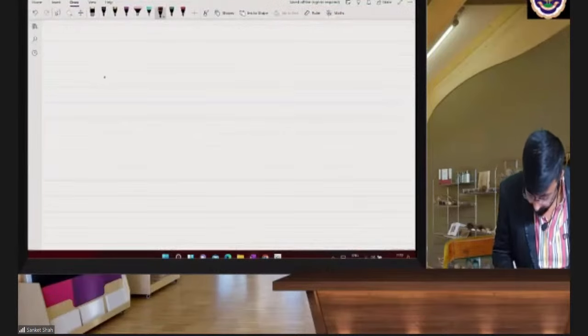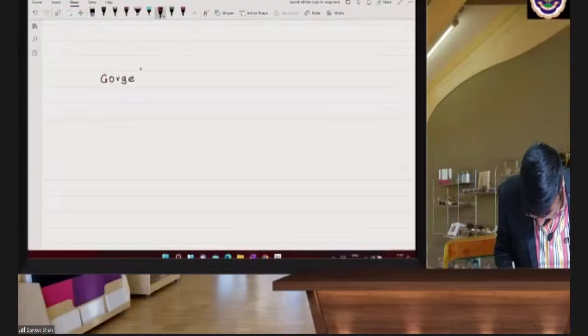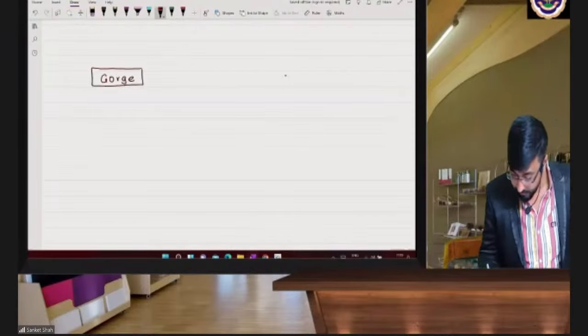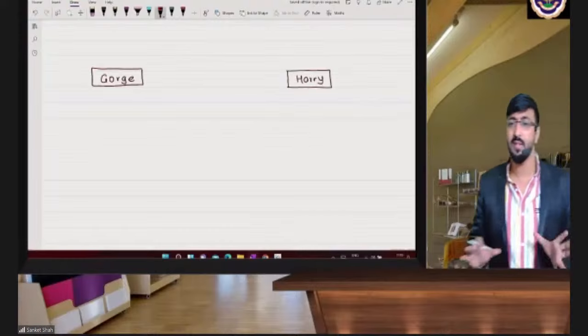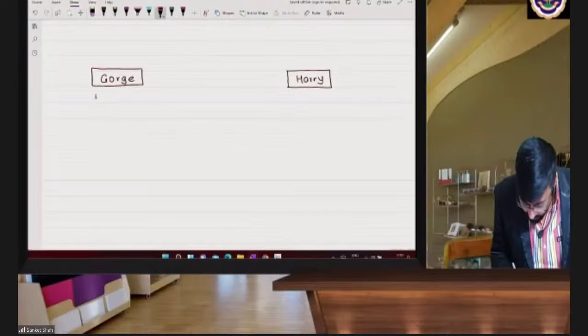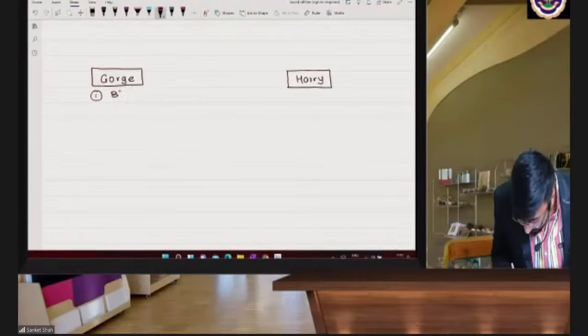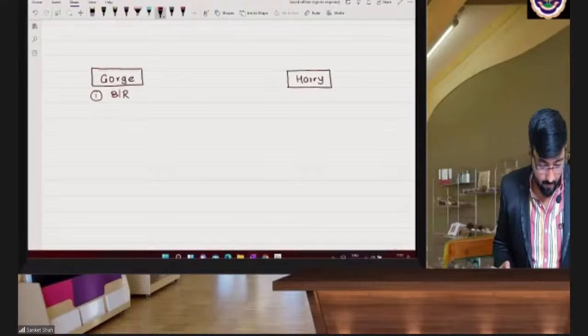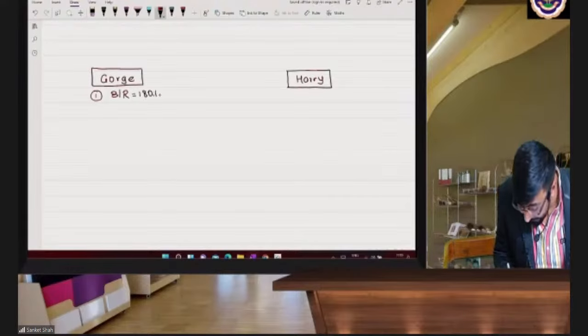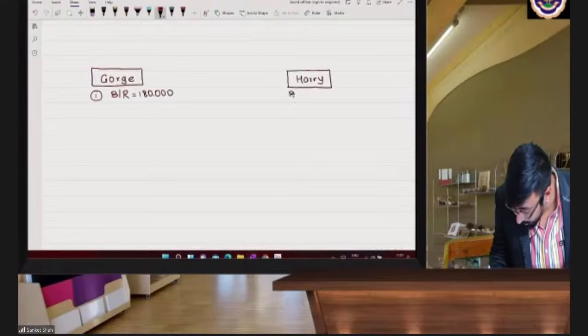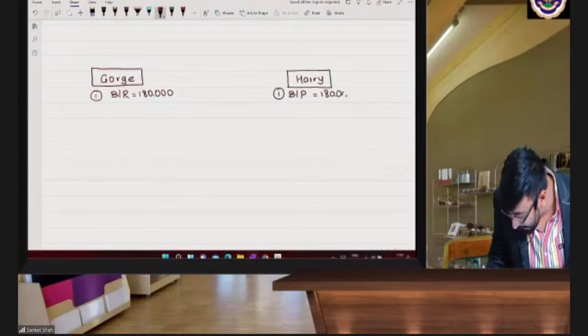George is here, and he draws a bill on Harry. So just diagrammatic presentation. Now for George it is bills receivable of rupees 1,80,000, and for Harry it is bills payable of rupees 1,80,000.